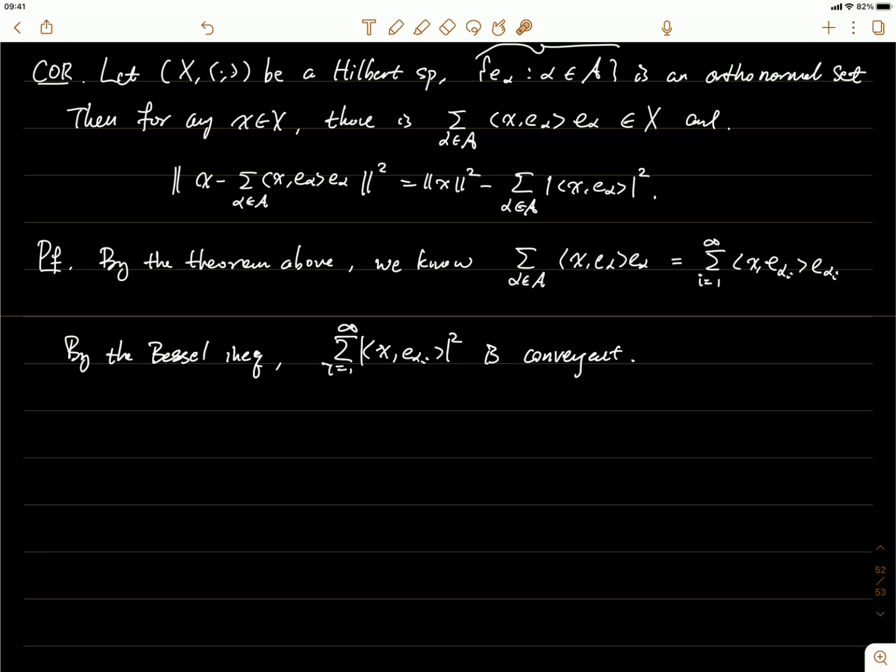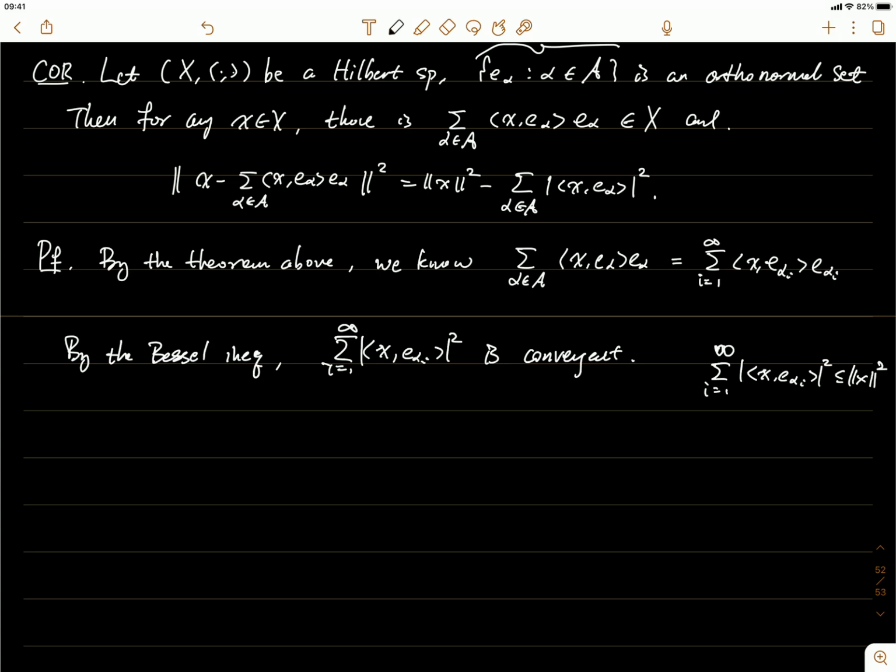So when you make n approach infinity, this is still less than or equal to the norm of x squared. So if you change it to infinity, it is still true. And that means this is convergent because every term is non-negative, so it is the series of a sequence of non-negative numbers.